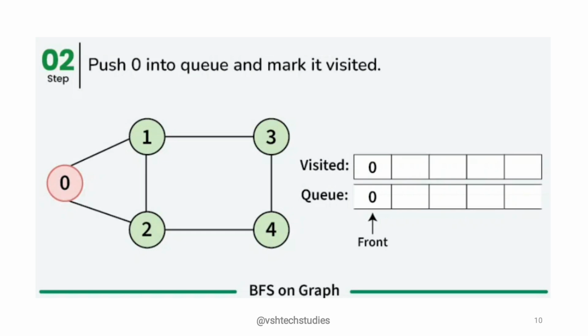When vertex 0 is taken as front, its neighboring nodes are to be considered next. For vertex 0, the neighboring nodes are 1 and 2 because they are connected through edges to vertex 0.